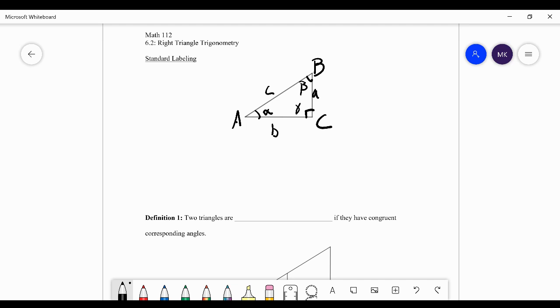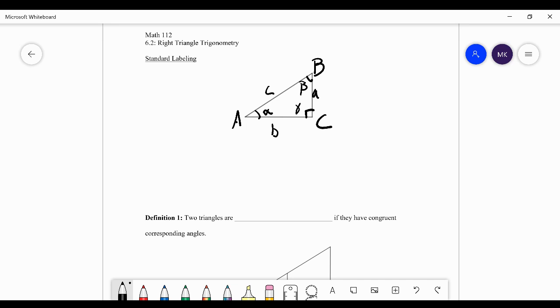If you know the Greek alphabet, it goes alpha, beta, gamma, A, B, C, so it all ties in. So this is our standard labeling for a triangle, where our vertices are capital Roman letters, the side lengths are the lowercase Roman letters, and the angles themselves are the first three Greek letters. So that's the standard labeling for a triangle.